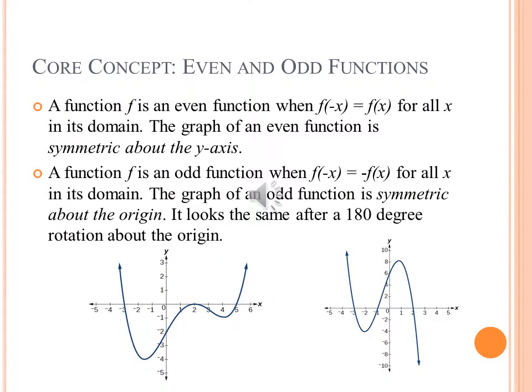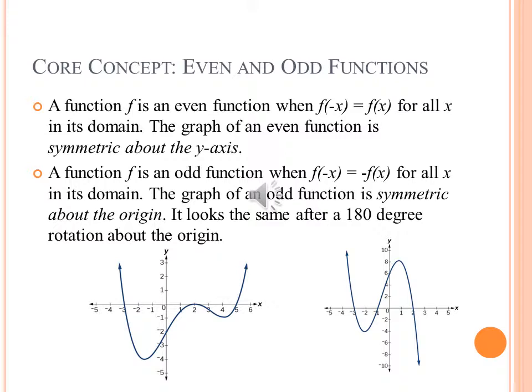This core concept explains even and odd functions. A function f is an even function when f of negative x equals f of x for all x in its domain. This means that the graph of an even function is symmetric about the y-axis. A function f is an odd function when f of negative x equals negative f of x for all x in its domain.